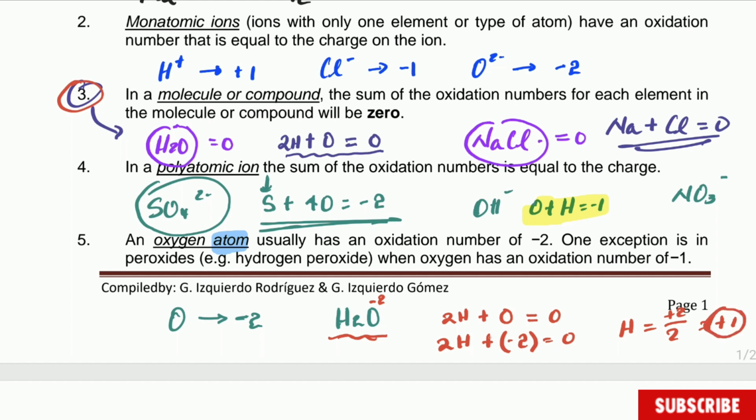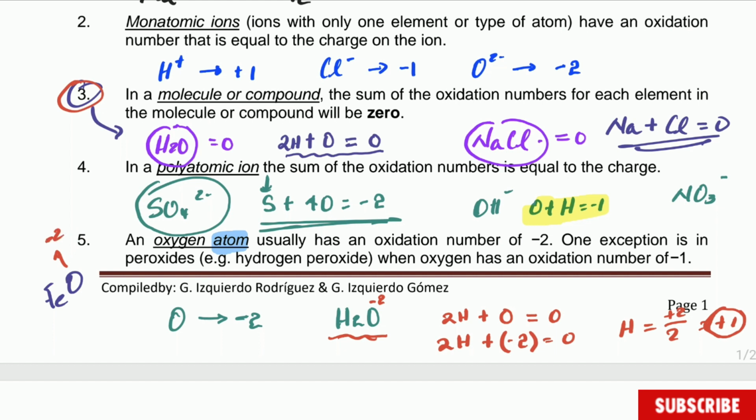This is one example of how to apply the oxidation number, guys. The oxidation number of oxygen atom is minus 2. When we mention oxygen atom, it is oxygen within a compound. For example, let's say you have FeO, iron oxide. The oxidation number of the oxygen in this compound is going to be minus 2.